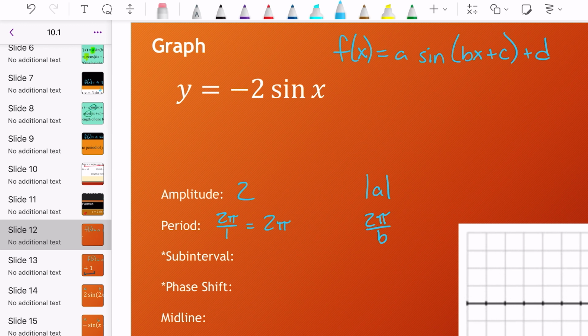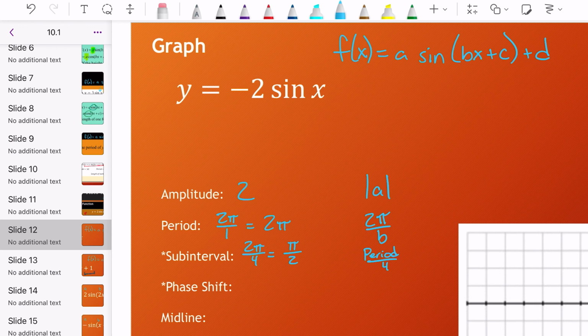Once we've figured out what the period is, we can go ahead and solve for the subinterval. The subinterval is the period divided by 4. Our period right now is 2 pi, and we're going to place that over 4, which is equal to pi over 2.